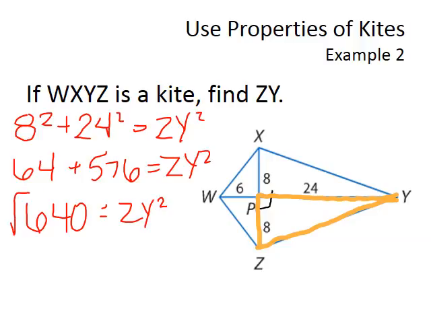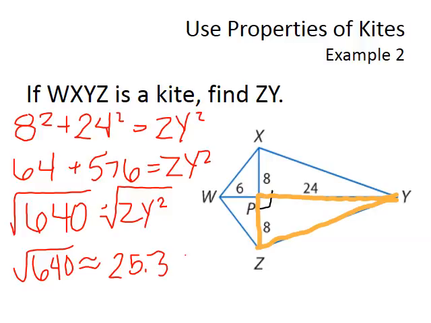And we take the square root of both sides to get our final answer. Square root of 640, to the nearest tenth, is going to be about 25.3 units equals the length of ZY. All right, so we used properties of kites, the diagonals are perpendicular, and properties of triangles to find a missing part of that quadrilateral.